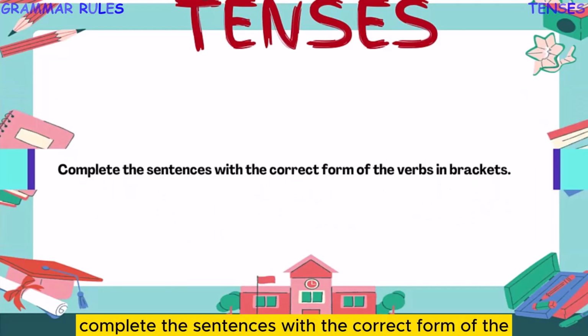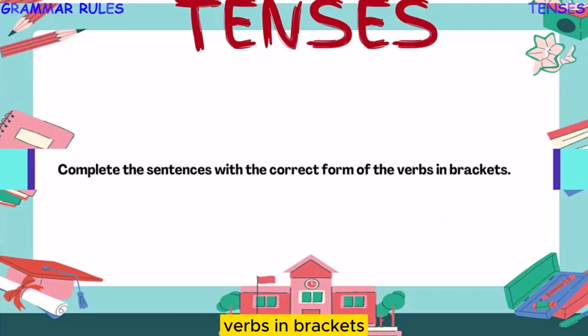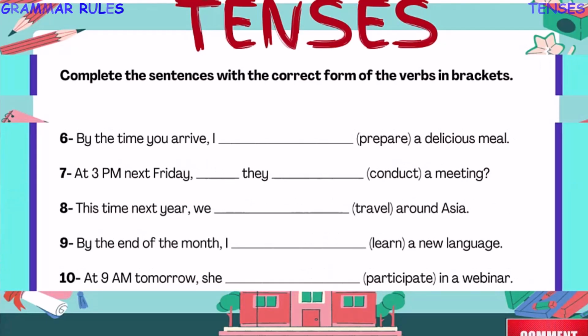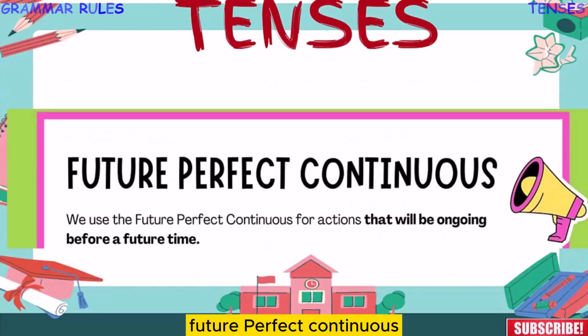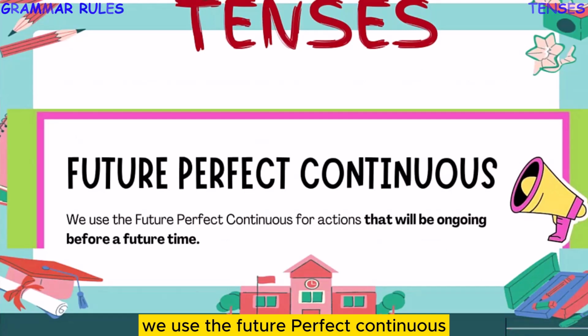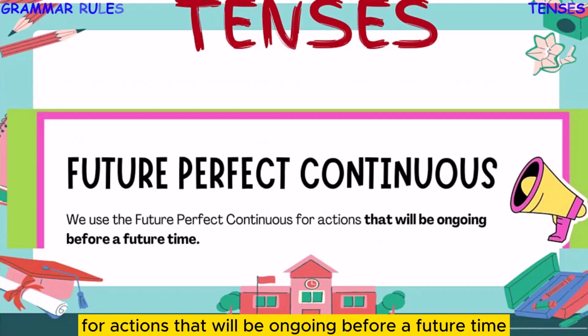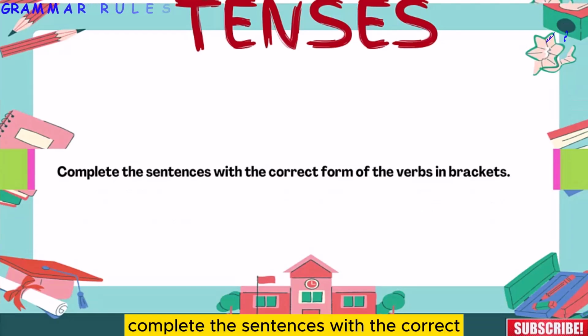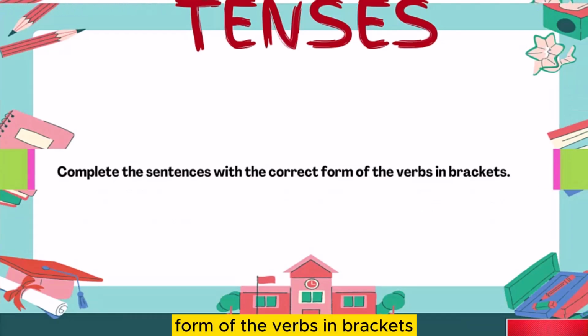Complete the sentences with the correct form of the verbs in brackets. Future perfect continuous. We use the future perfect continuous for actions that will be ongoing before a future time. Complete the sentences with the correct form of the verbs in brackets.